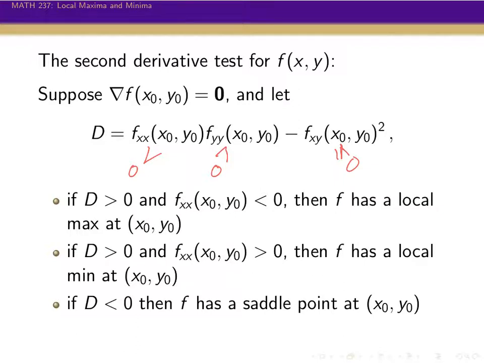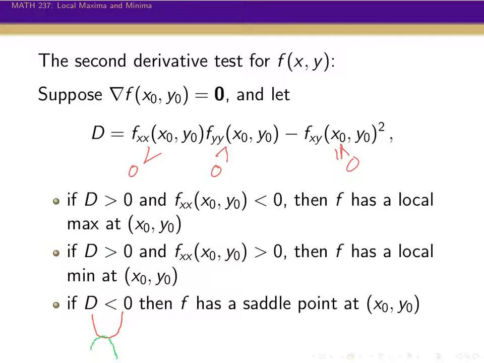And so if you think of the graph of that, if f of xx is positive, but f of yy is negative, well, then what that means is that in the x direction, it's concave up, but in the y direction, going perpendicular to this, it's concave down, right? And so you can think that you have 2 perpendicular parabolas to each other here, where one's going up and one's going down. And so in one way it's a max, and the other way it's a min. That's what we're talking about with a saddle point.